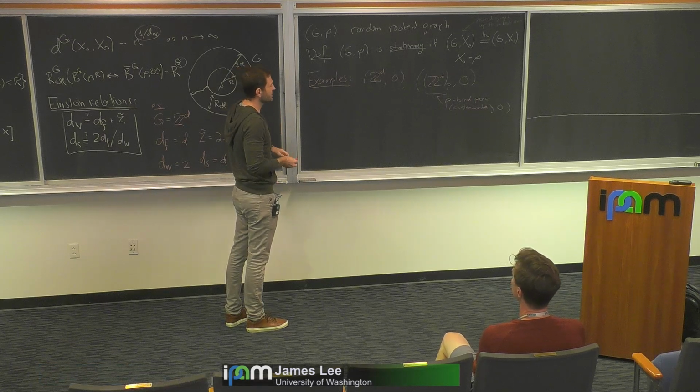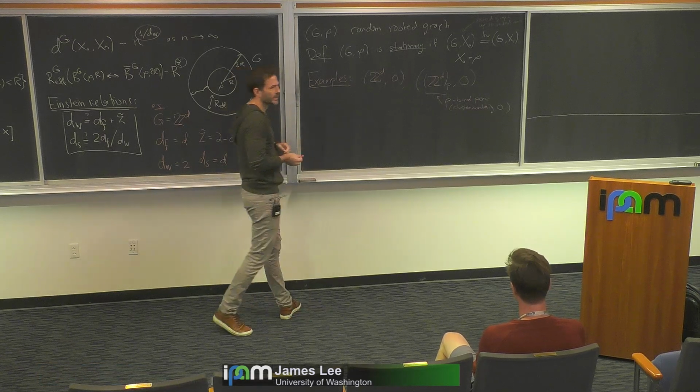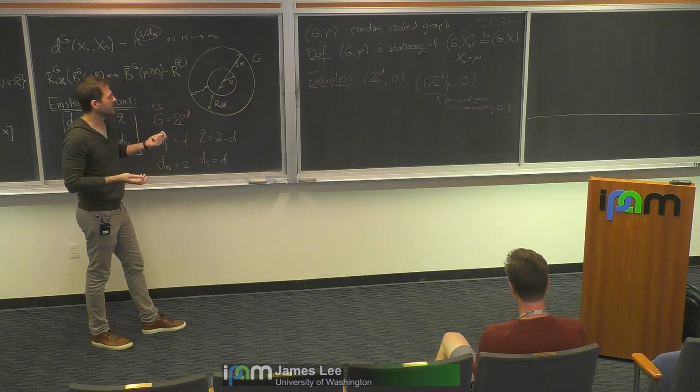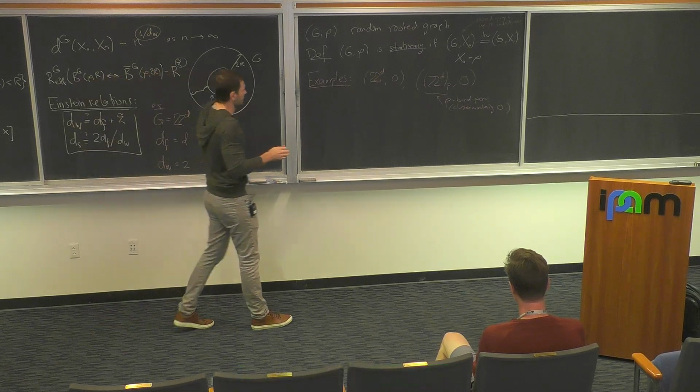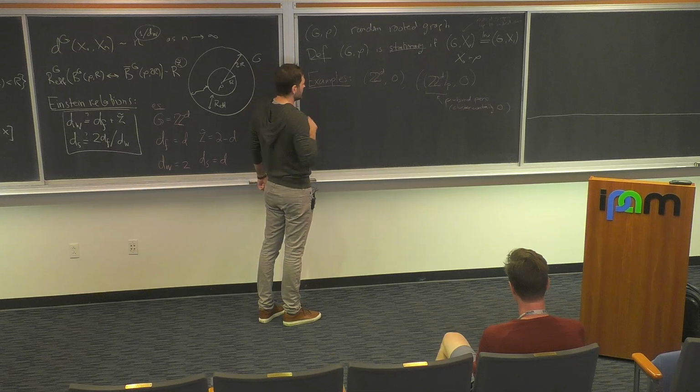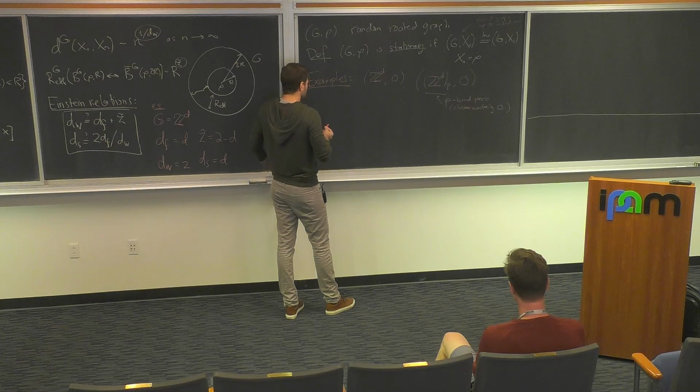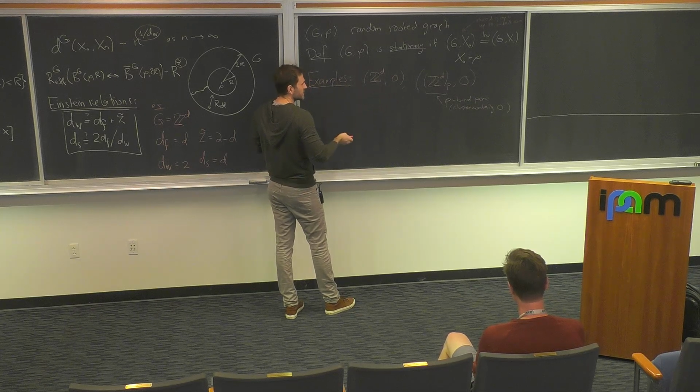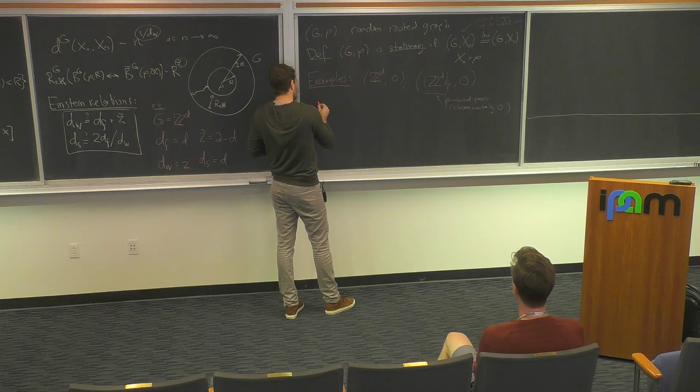There's another class of examples that are really nice, which come from taking Benjamini-Schramm limits. Alan talked about the Benjamini-Schramm topology yesterday. So you can take a transitive graph, do bond percolation or site percolation, and you get stationary random graphs.